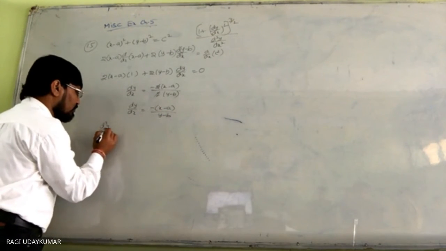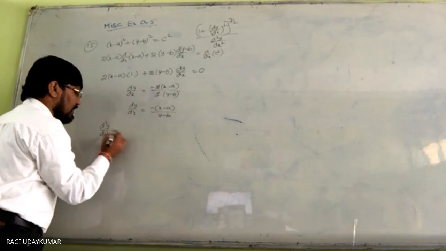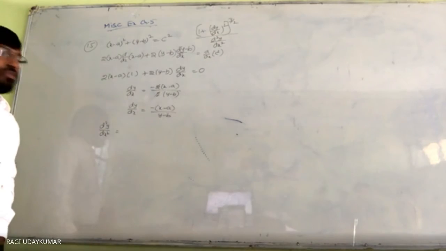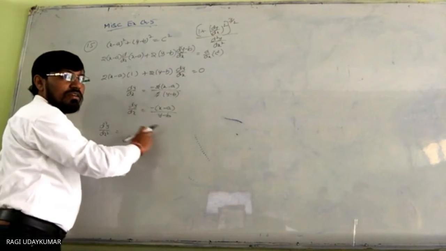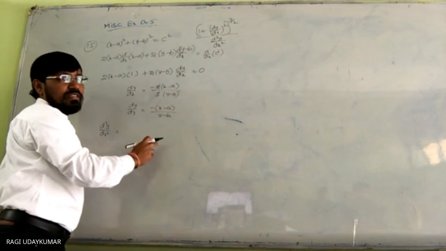Now d square y by dx square. So this we have to differentiate with respect to x a second time.